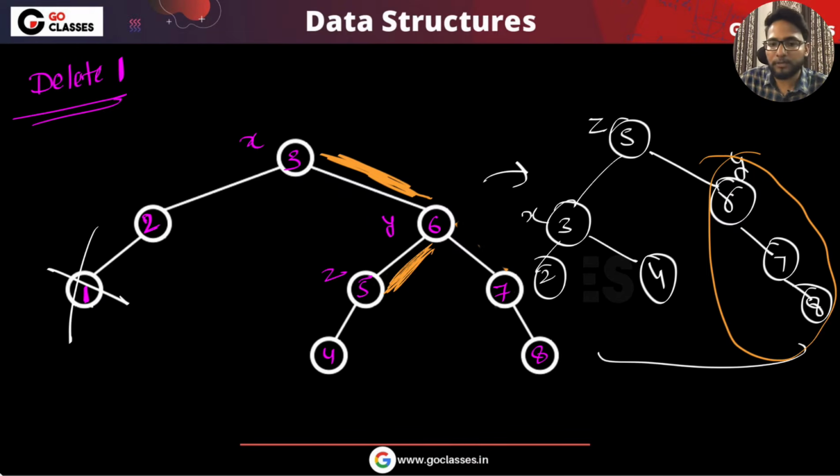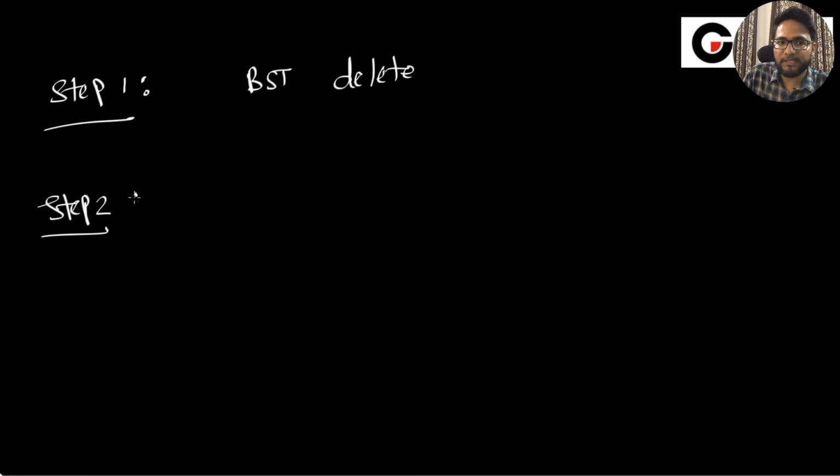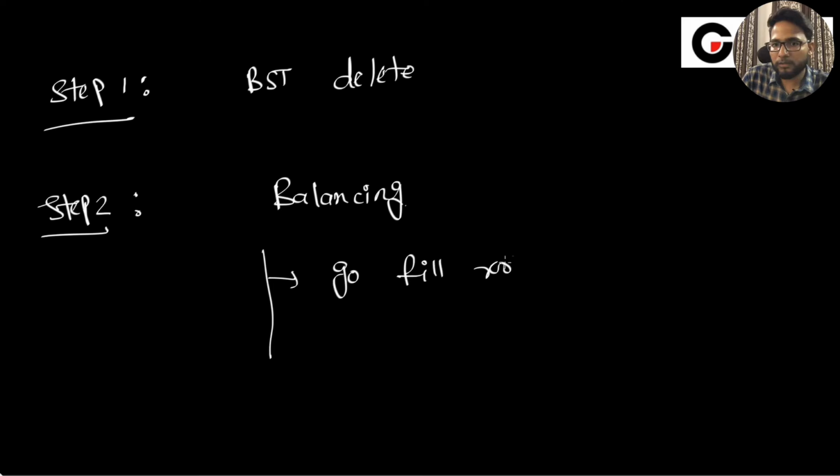Okay. So here, let me write the rules. What we have seen, let me just write the algorithm step by step. Step 1, BST delete, right? Step 2, balancing. Now inside balancing, I will go till root and find the first imbalance node, right?